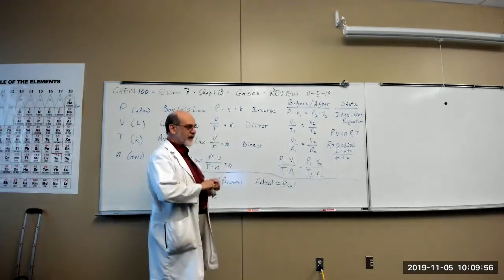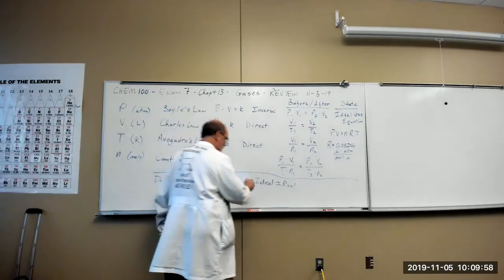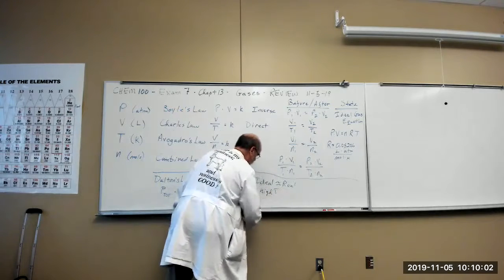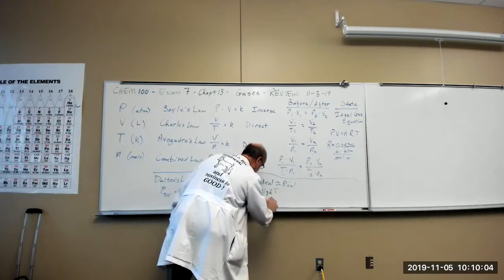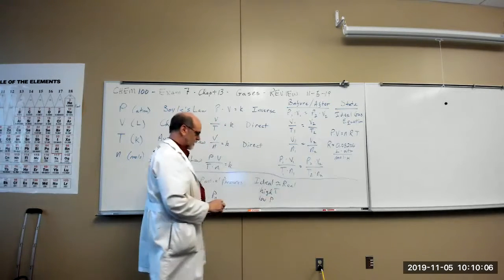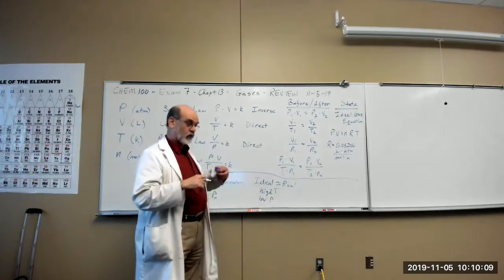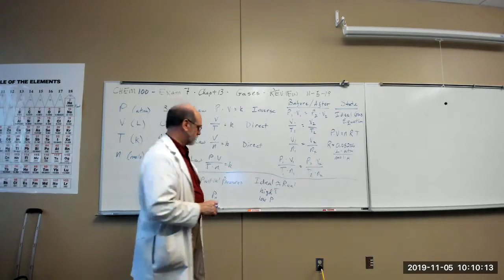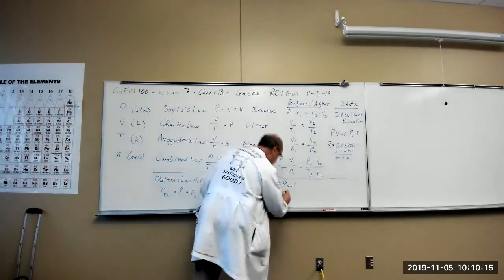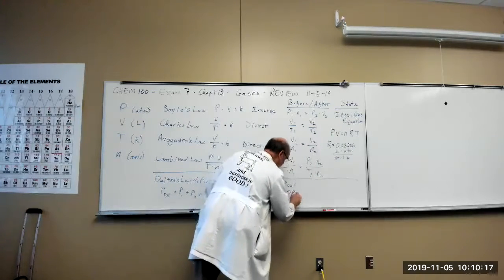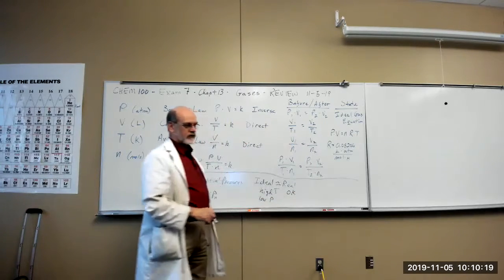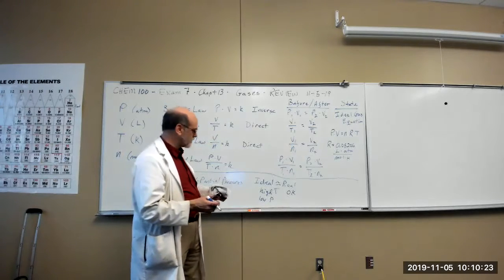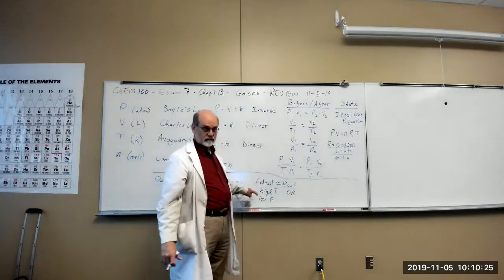These conditions happen to be high temperature and low pressure. Now, the question should be in your mind, what do we mean by high temperature and low pressure? High temperature is relative to 0 Kelvin. So 273 Kelvin, which is standard temperature for gases, is a high temperature.